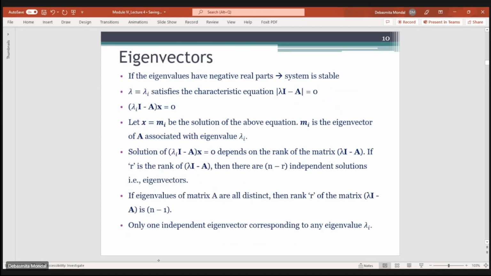Okay, so if the eigenvalues have negative real parts, that means the system will be stable, right?